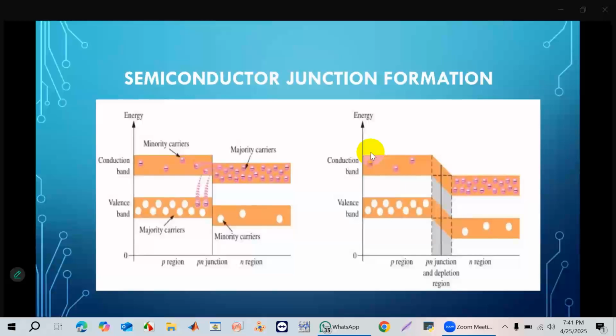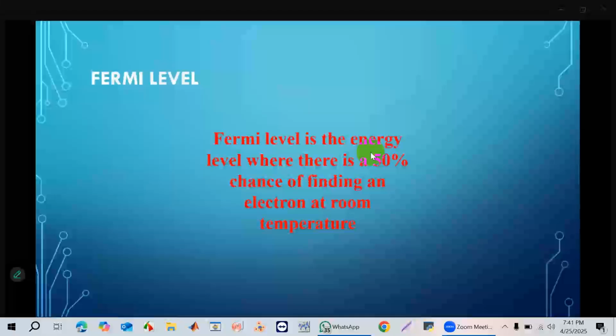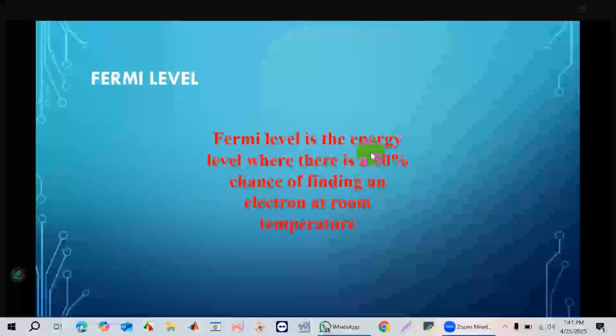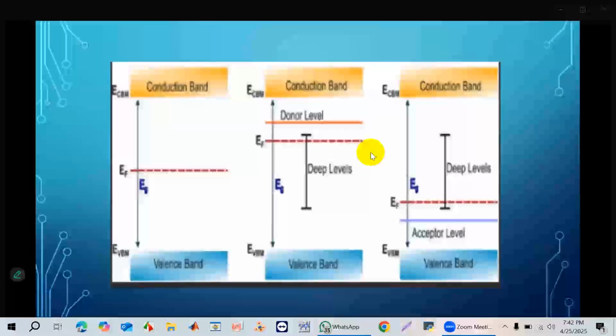Okay. Now let's turn to the Fermi level. Fermi level is the energy level where there is a 50% chance of finding an electron at room temperature. In case of an intrinsic semiconductor, it stays at the middle level, because at the middle level there is a 50% chance of finding electrons.